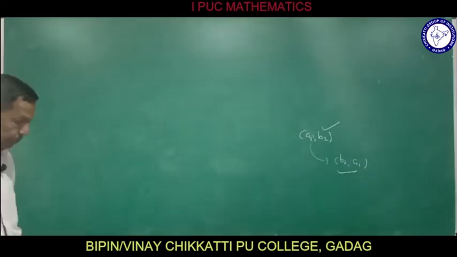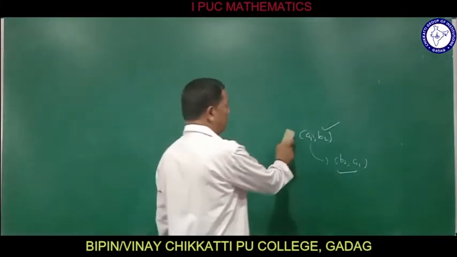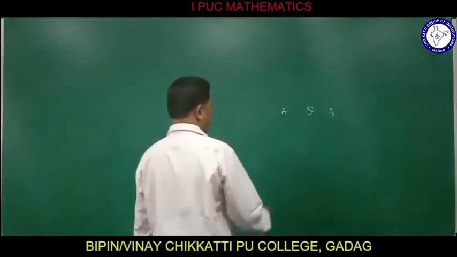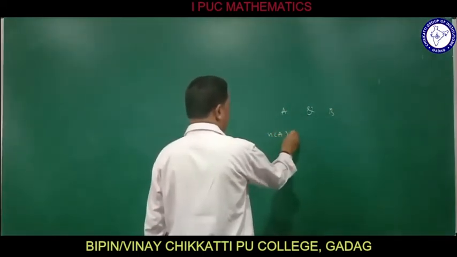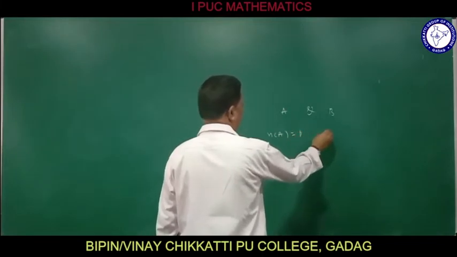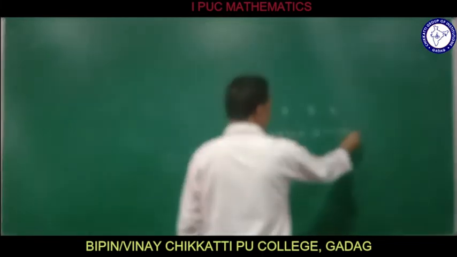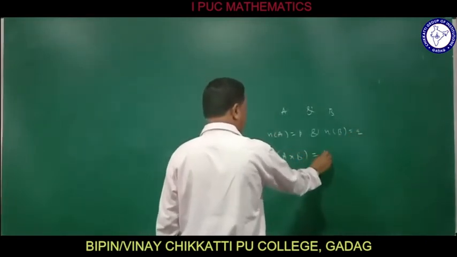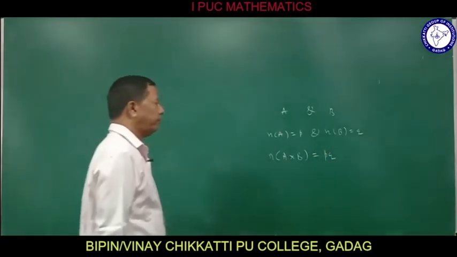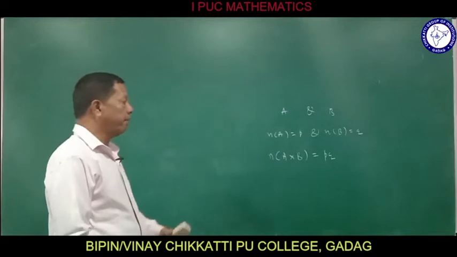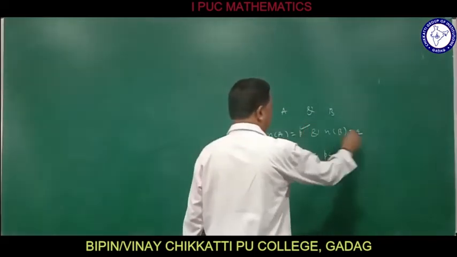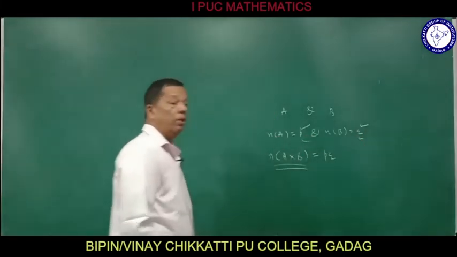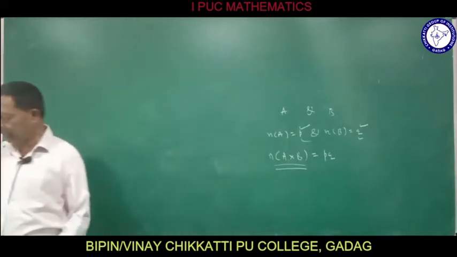Second point I am discussing. Suppose A and B are two non-empty sets, and the number of elements in A is p, and the number of elements in B is q. The number of elements in the Cartesian product A cross B is nothing but pq. This also we have to follow in future.